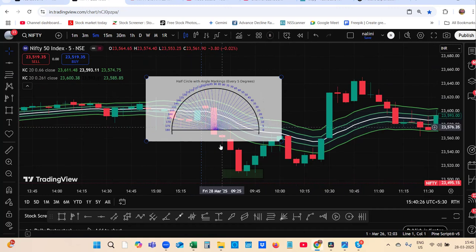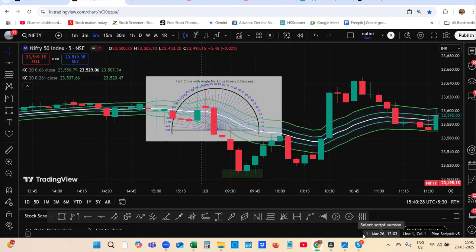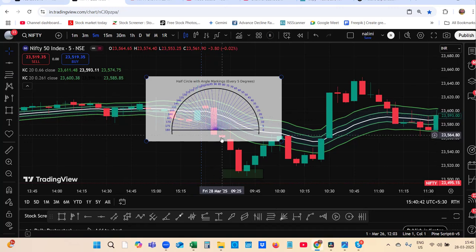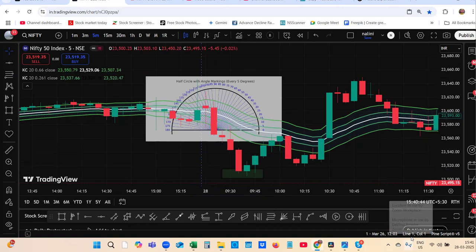So when price starts moving below this, once you see there is weakness in the market, you can apply this for the put option. When it starts breaking below, you can take the put option, because it is coming below the Keltner channel 0.66.